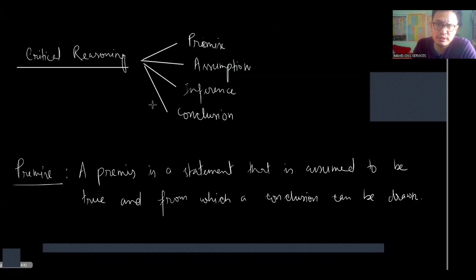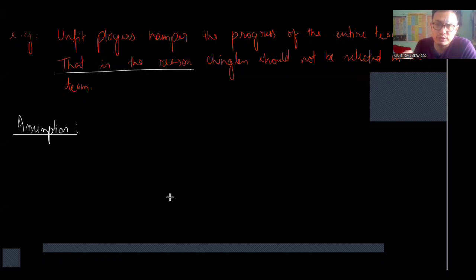Is this an assumption or an inference? As you can infer, Chinglen is an unfit player.